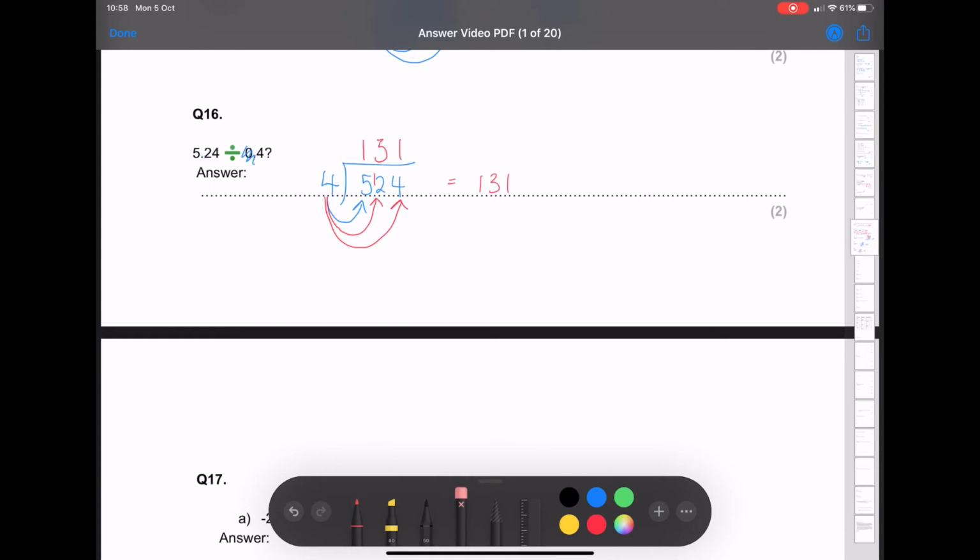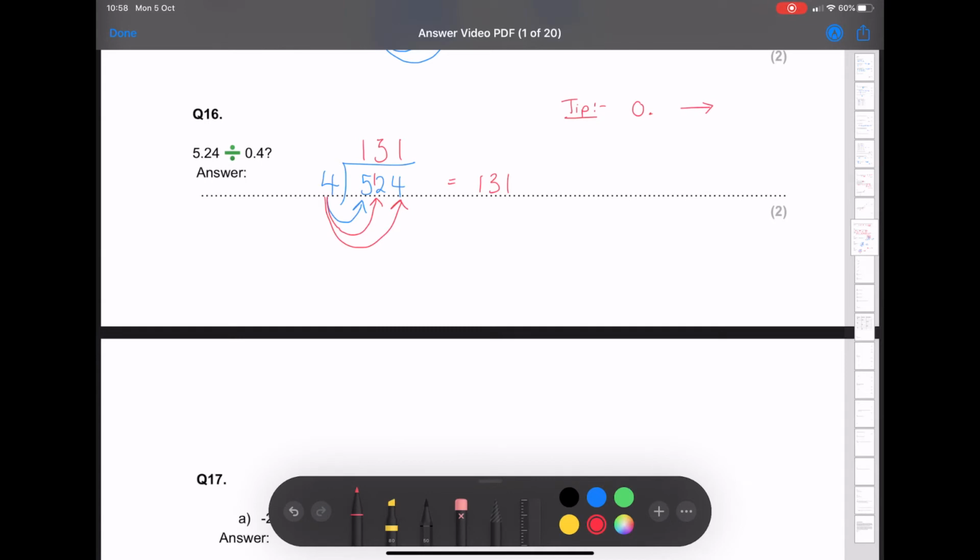But our question actually has all of these decimals in. So a quick tip. If you have a 0 point in it, okay, a 0 point, it means we are going to move our decimal point that way.